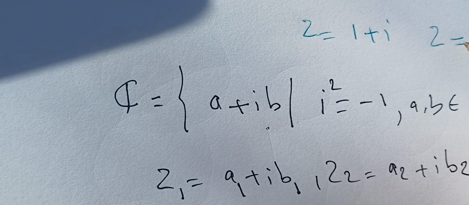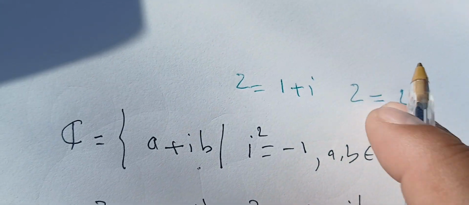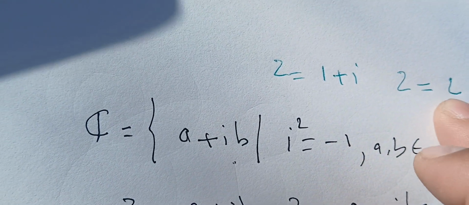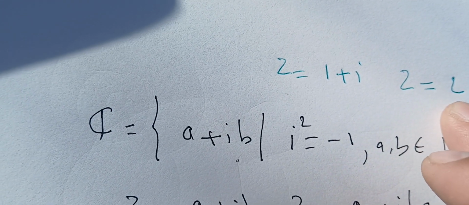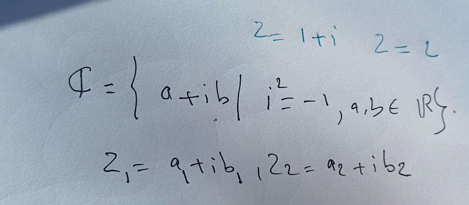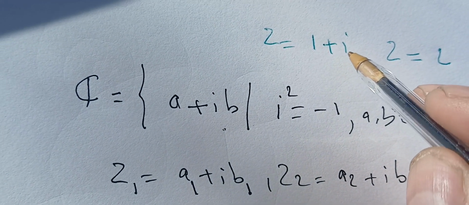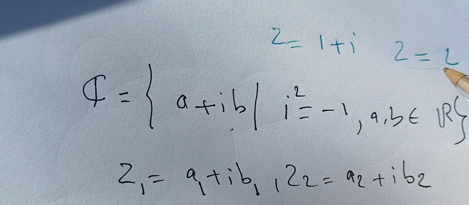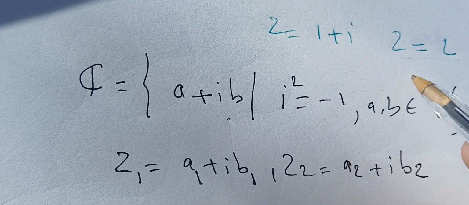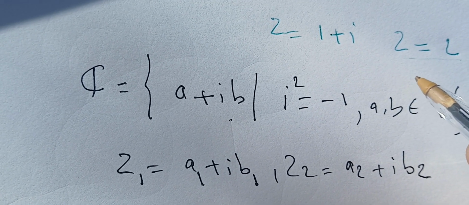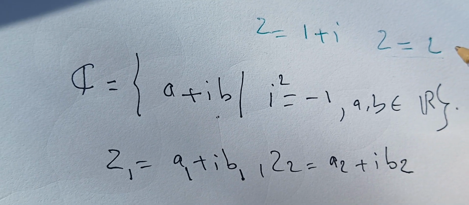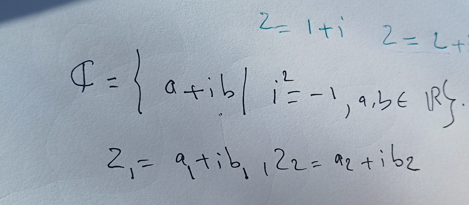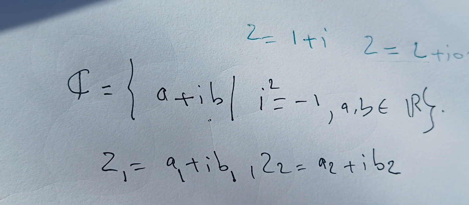Sometimes we have z is 2. So this is a complex number. It's real, but it doesn't have this part that comes with the i. In this case, we say that the imaginary part is 0. So it's like 2 plus i times 0, which is 2.